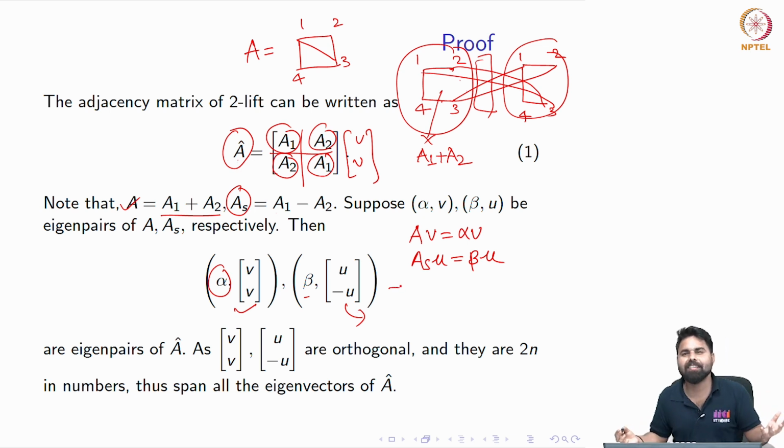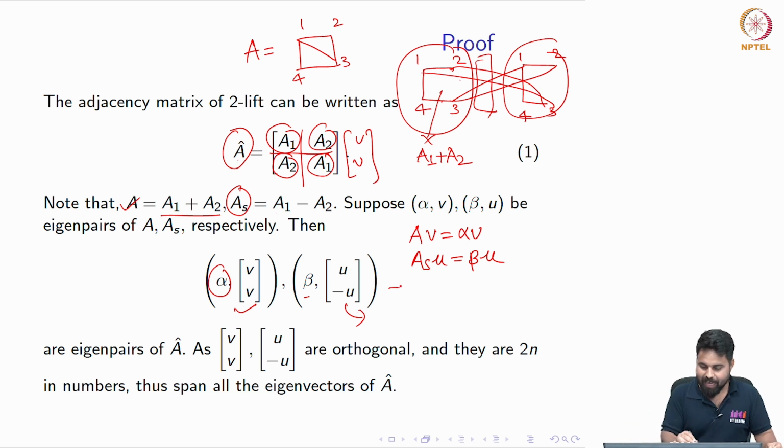Now, is that all? Do alpha and beta encompass all the eigenvalues? No, we have to prove that these two are orthogonal eigenvectors. Why are they orthogonal? If you take the dot product of them, it comes out to be 0.